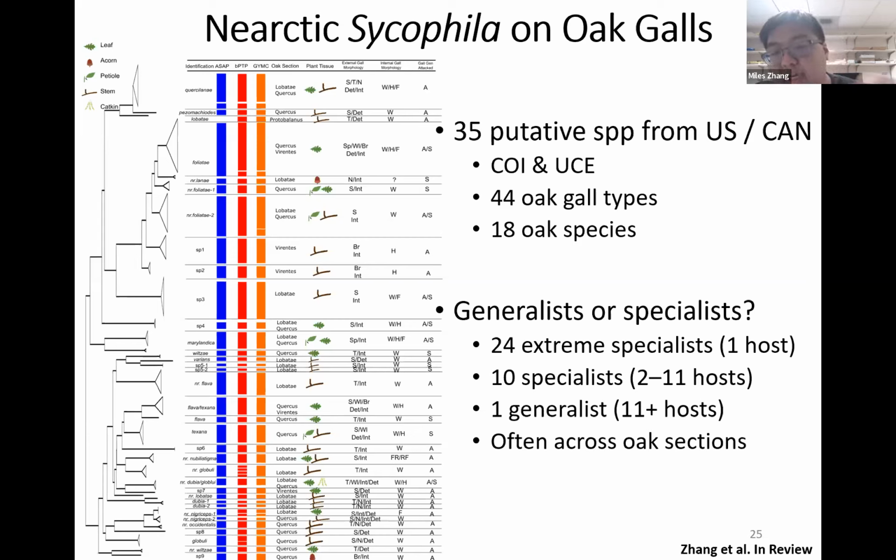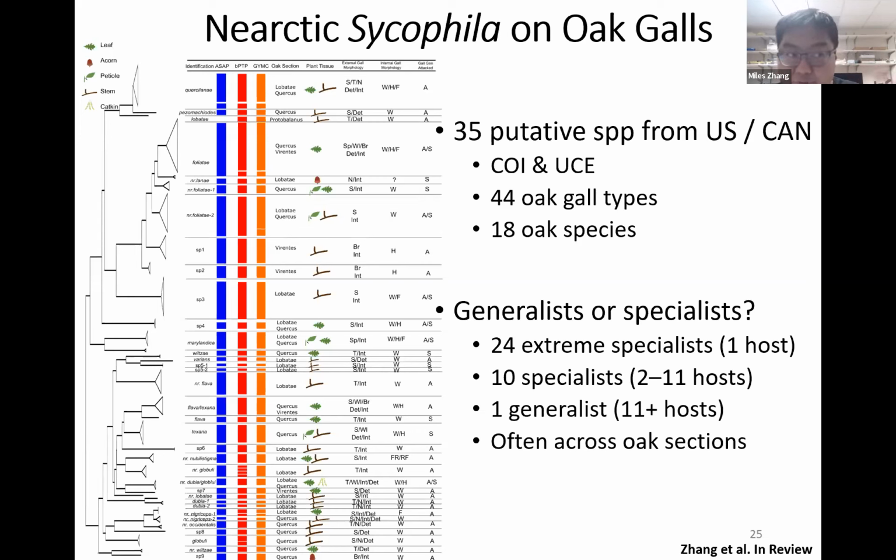And what is interesting is that the parasitoids, these Sycophila, are capable of attacking galls across oak sections, right? Like I mentioned before, the oak gall wasps, at least within different genera, don't move around all that much.